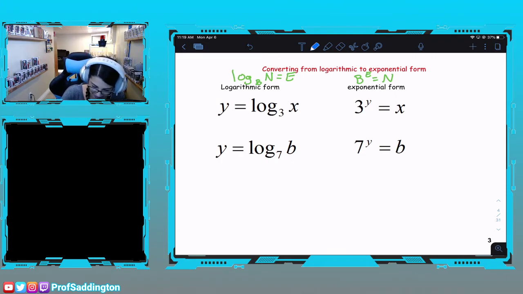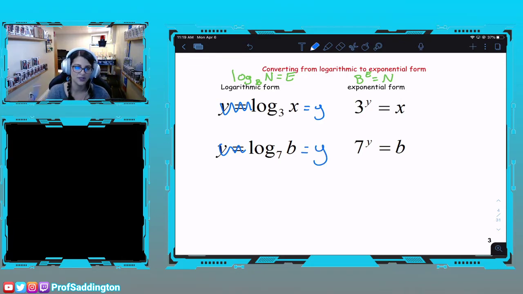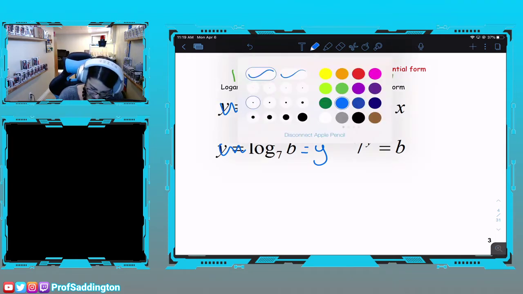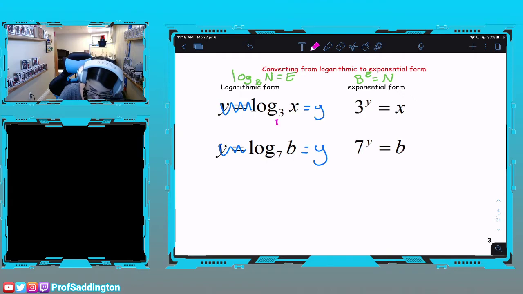If I was writing this, I would have written it as equals y, just to keep it in that bunny form, so it's easy to remember what pieces go where. For this one, our base is 3, our number is x, and our exponent is y, which makes sense because then I would have 3 to the y equals x. So these do indeed match up.